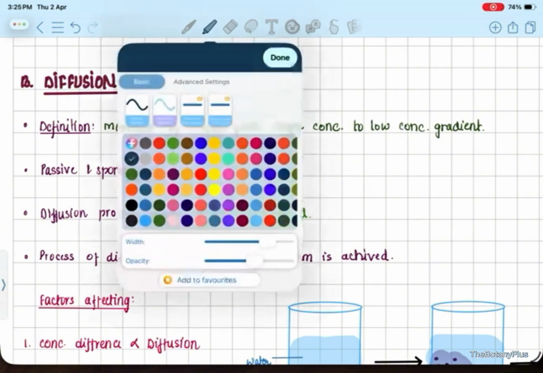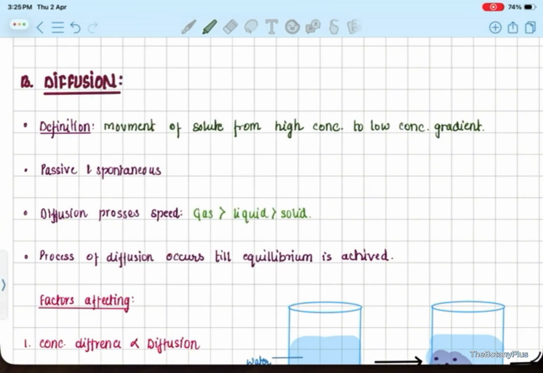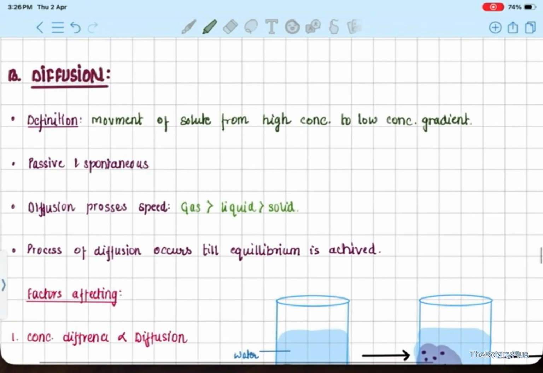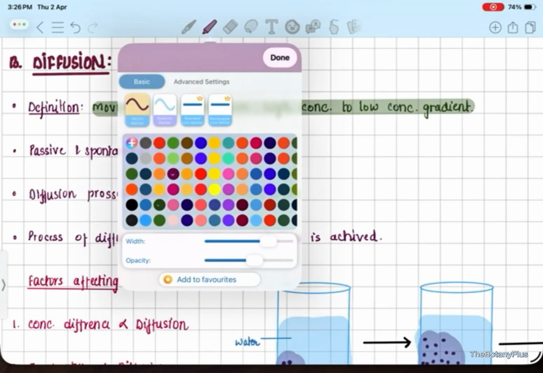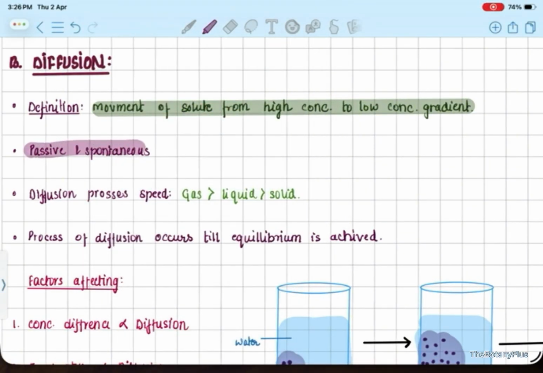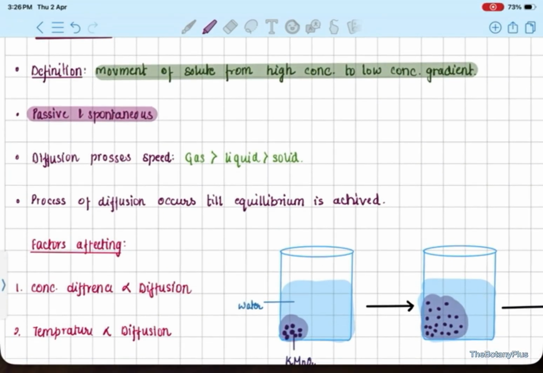Now the second topic in this plant-water relation is diffusion. What is diffusion? The definition of diffusion is movement of a solute from a high concentration to a lower concentration, along the concentration gradient. This is also a passive and spontaneous process, meaning it does not require any use of energy.